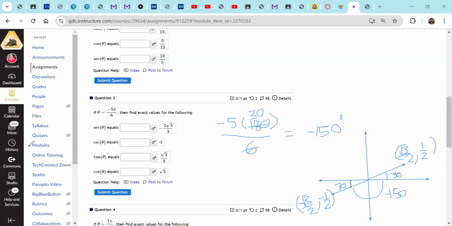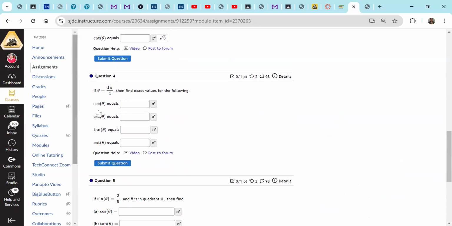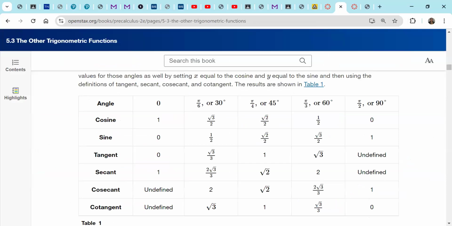And we move forward from here to the next one, which is question 4. So this is pi over 4. Pi over 4 means 45 degrees. So secant, cosecant, tangent, and cotangent we're going to find. You can either draw or you can look it up directly. Secant is right here on the table. Pi over 4, 45 degrees, and that is square root of 2.